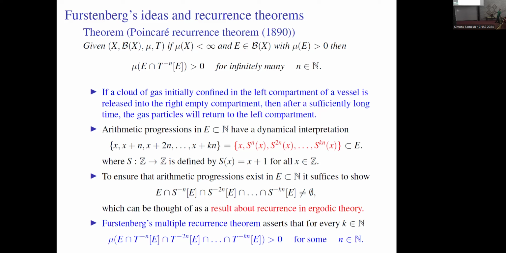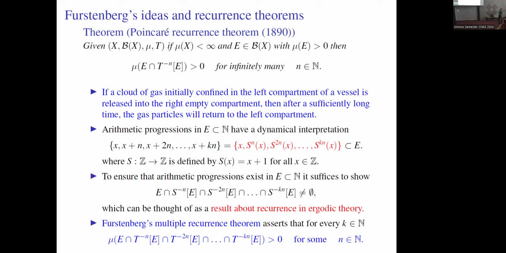So not necessarily to their original configuration, but they will go back to the left compartment, leaving the right compartment empty. So that's what Poincaré recurrence theorem says. And what's important is that this will happen infinitely often. We don't know what is the first time when this happens, but we know that this will happen.